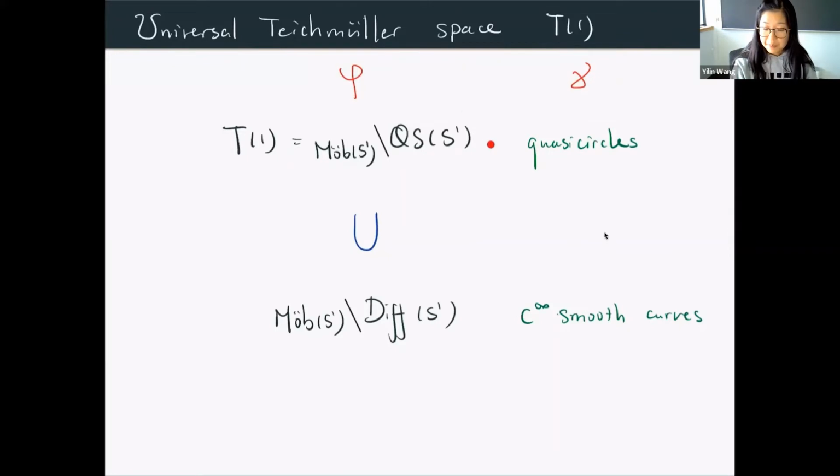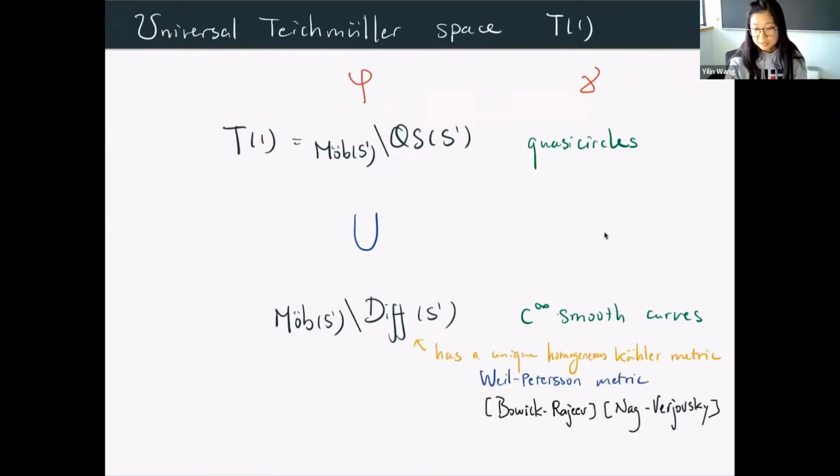There's some complex structure on this infinite-dimensional space that we will not get into in detail. But there's also a very nice subgroup, which is all the diffeomorphisms of the circle, C infinity smooth diffeomorphisms, and they correspond to smooth curves. This is a very small subclass.